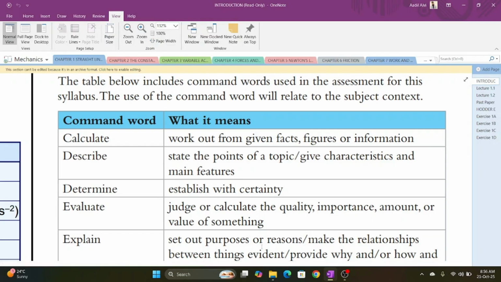So let's say that you have stated something which is quite obvious. For example, when a car applies the brakes, it stops, its velocity decreases, and then it stops. But what is the underlying reason behind that? We know that velocity decreases because that is something that we can see.